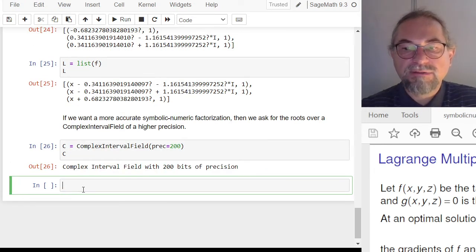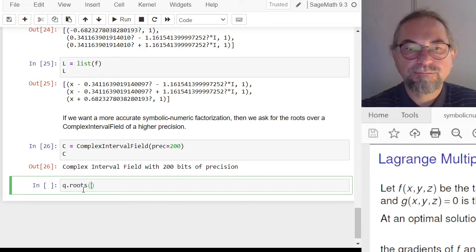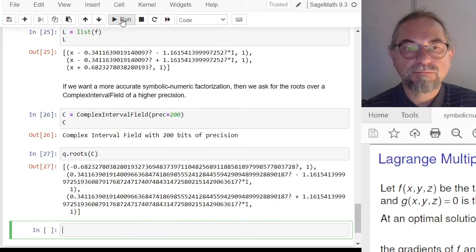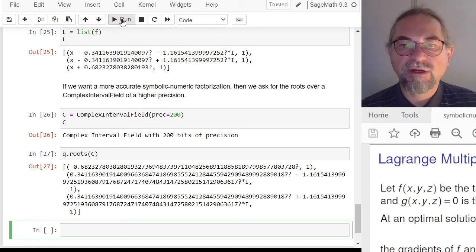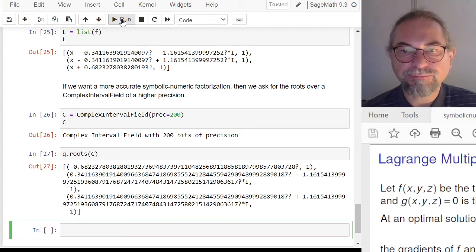And if I'm asking now for the roots, then you see that I get the roots with the 200 bits. If I want to only see 10 bits, then I can also do that. I can select the roots.